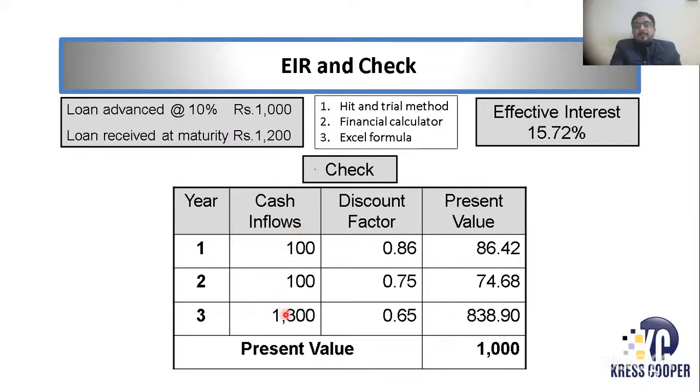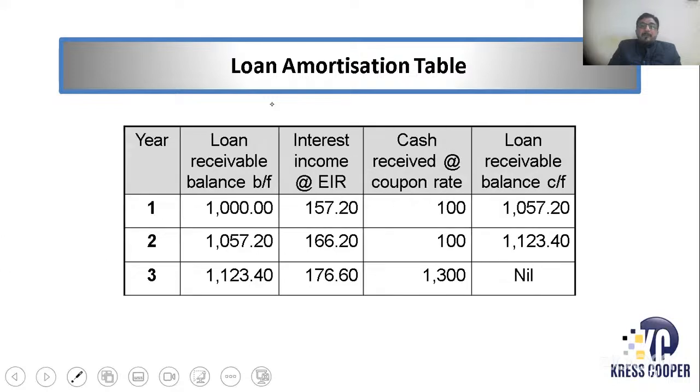So these are the future cash flows, and when we discount them at 15.72, which was calculated as EIR, we see that our present value is exactly equal to the fair value on the date of transaction. So it's proof that it is an IRR, in fact, the internal rate of return of such security.